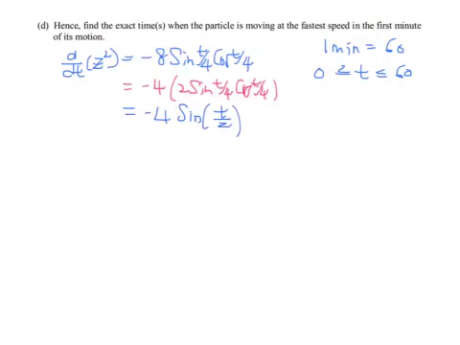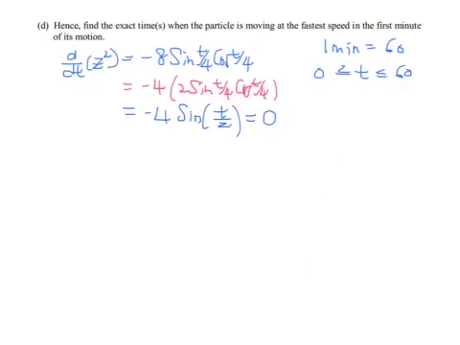Because we want to find the maximum or minimum point, or rather the fastest or lowest speed, we set dz squared dt equal to 0, and the solution gives us the fastest or lowest speed, whichever we want to find.